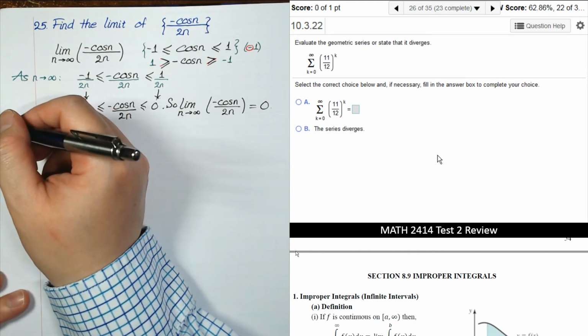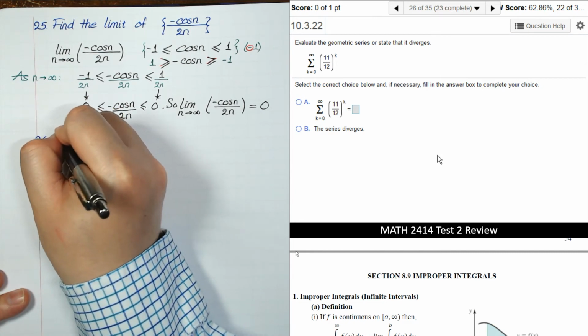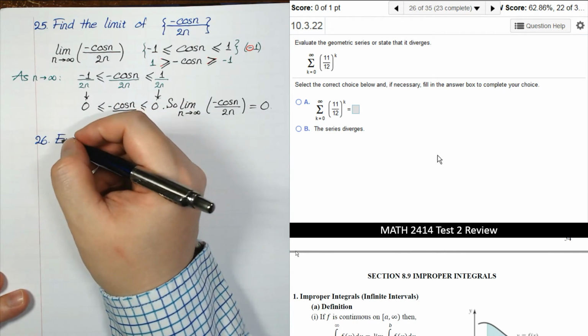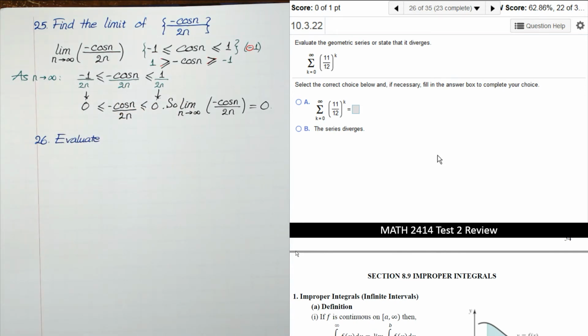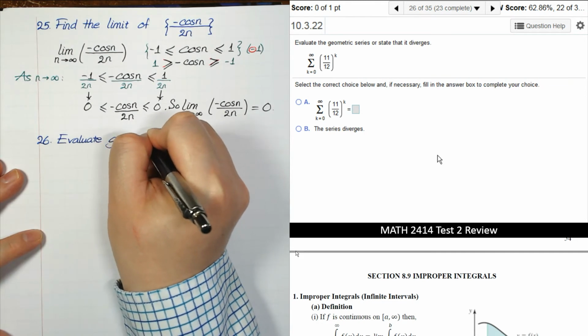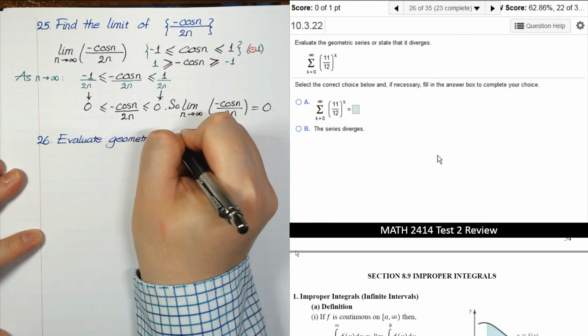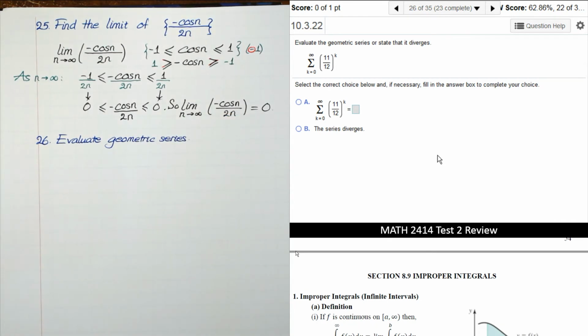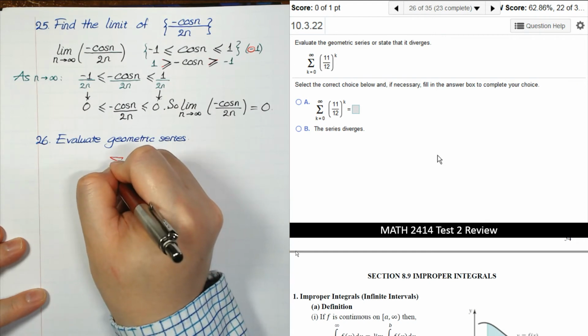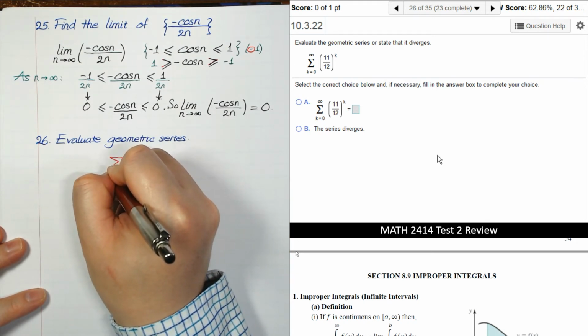Evaluate the geometric series. Right, so geometric series. They use k, so we use k as well.